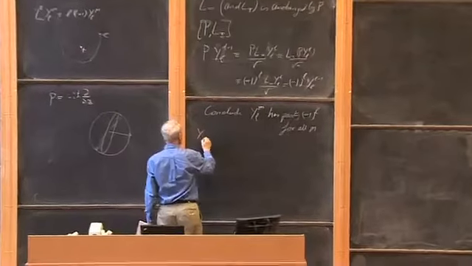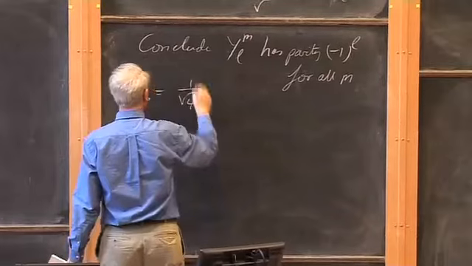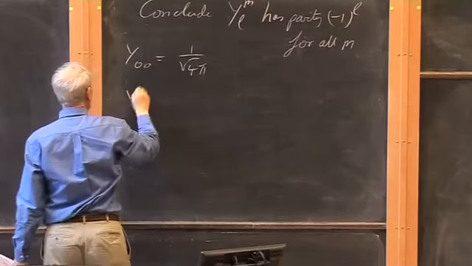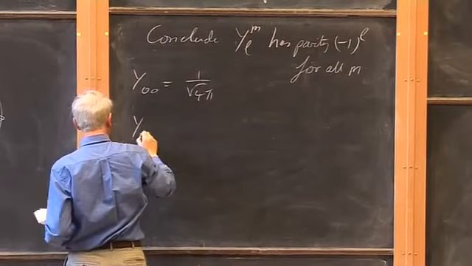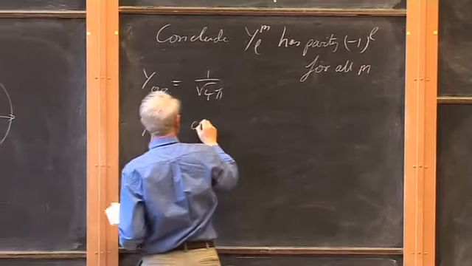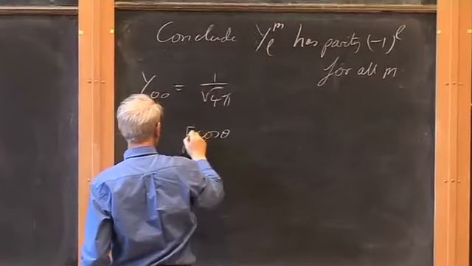So Y00 is 1 over the square root of 4 pi. Y10 is basically cos theta, with some factor of root 3 over 4 pi.